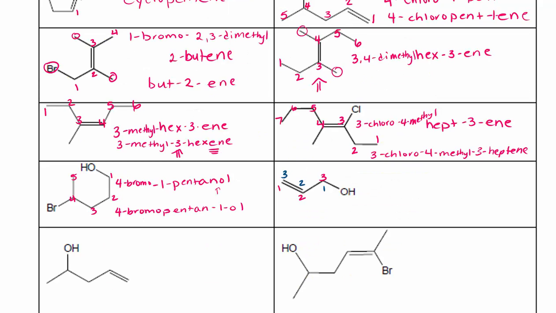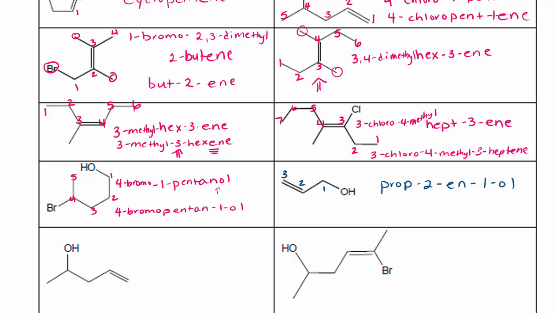That means we're going to number from the right. So this would be a 1-prop-2-ene. Well, if I'm going to put the number on the inside, let's do it this way. Prop-2-ene-1-ol.